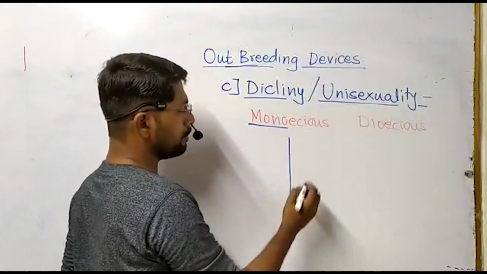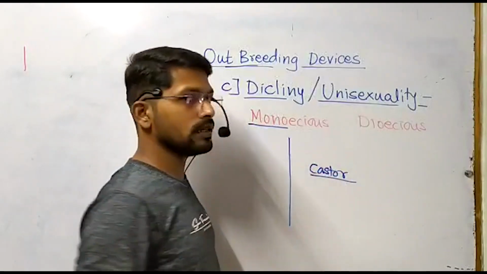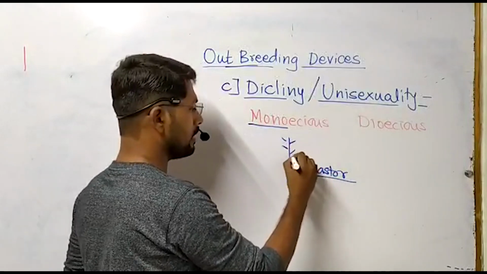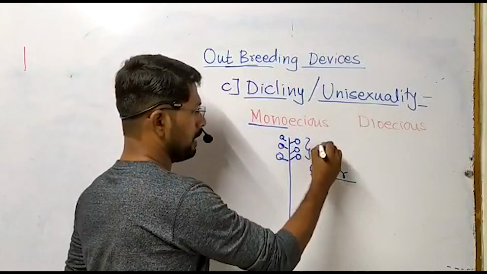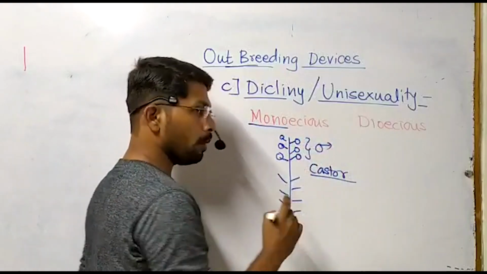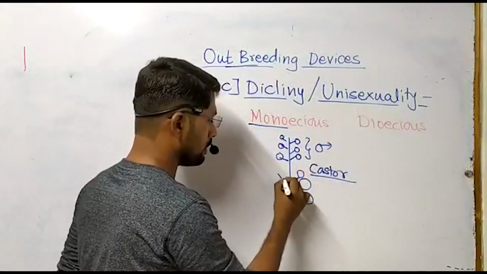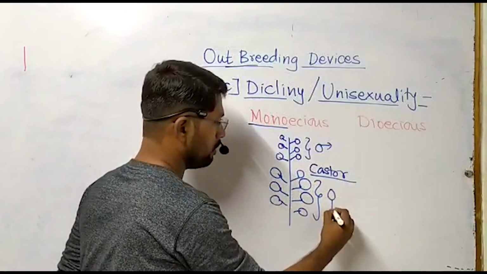We can take the example of castor, the best example. This castor is a monoecious plant in which male flowers are born at the higher level like this. So these flowers are male flowers and the female flowers are present separately but on the same plant, below the male flowers. These flowers are quite large in size. These are the female flowers.